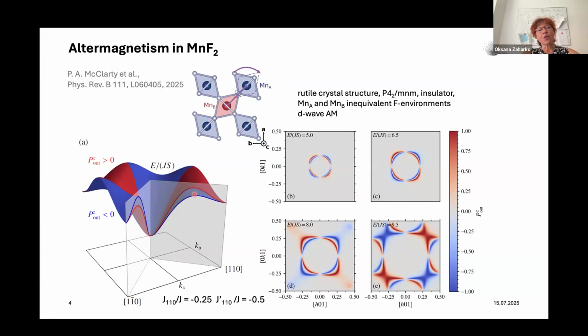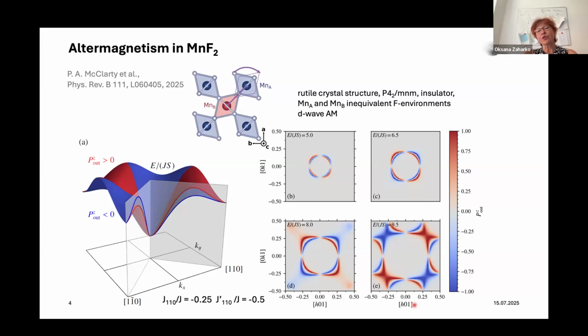And the splitting would be exactly because of altermagnetism, because you will have even two chiralities. And this plot from this article shows how at different energies you would have different splitting, and the largest will be close to, I think, one half, so one quarter, 1 in L, for example.